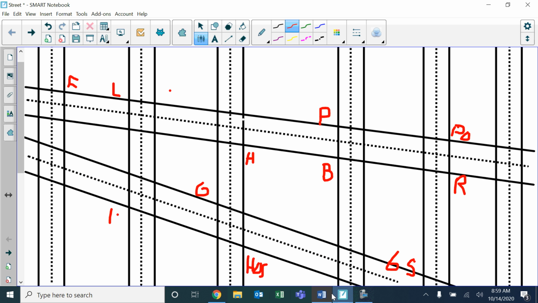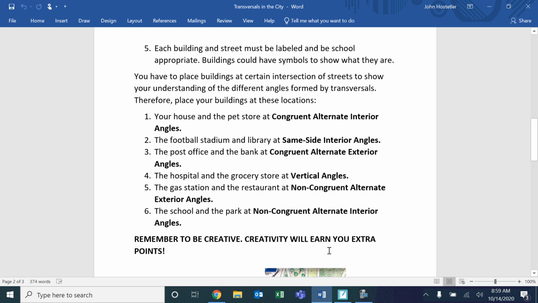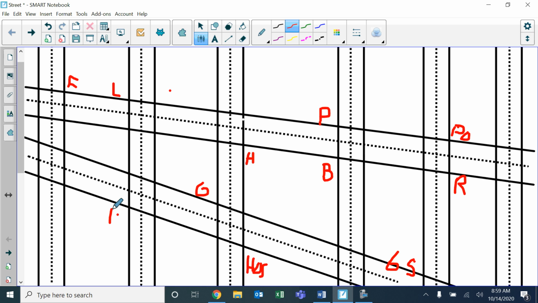Wait, maybe not. Let me look real quick. It is going to be the park and the school. Yep, the park and the school. So park, I'm going to say PA, and school X. And so those are now at non-congruent alternate exterior.